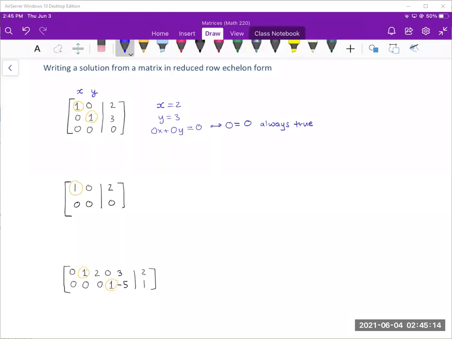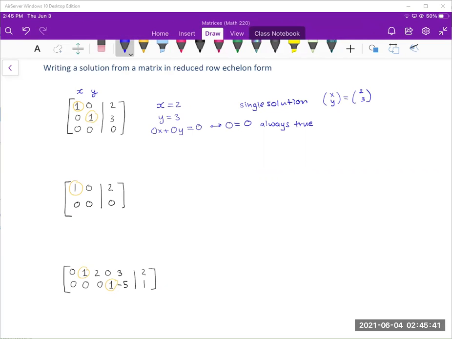And we can see here that we have just a single solution. That is, x is equal to 2 and y equals 3. If we wanted to write this in vector form, we would write x equals 2, y equals 3. So this is a unique solution.